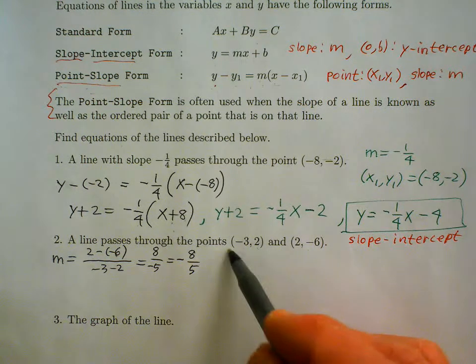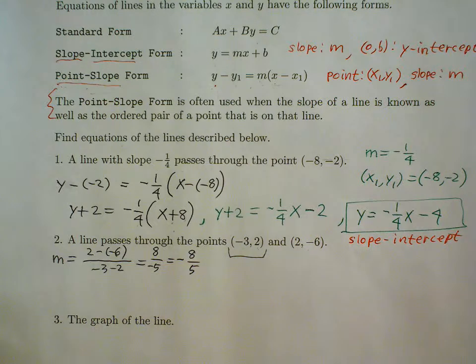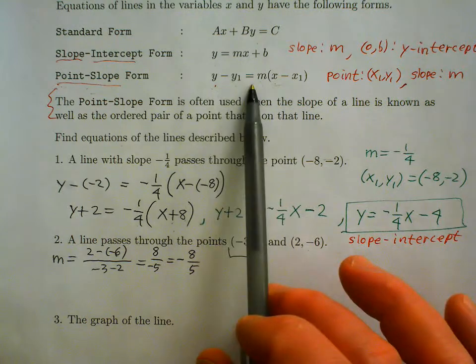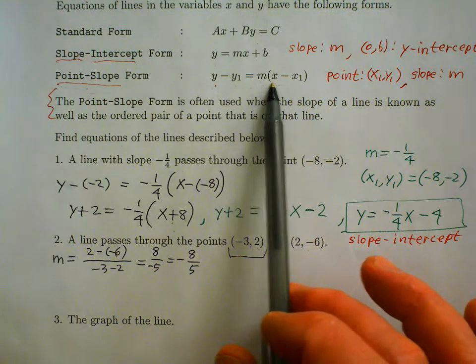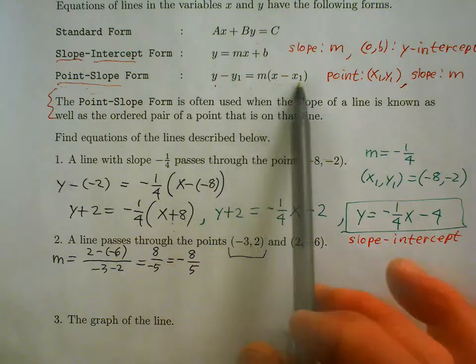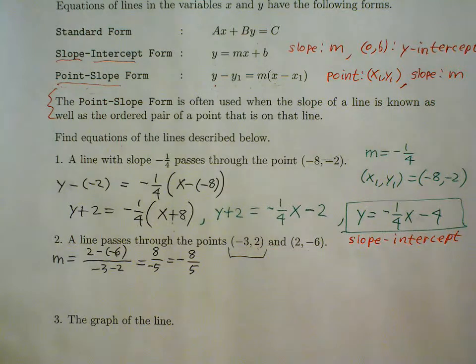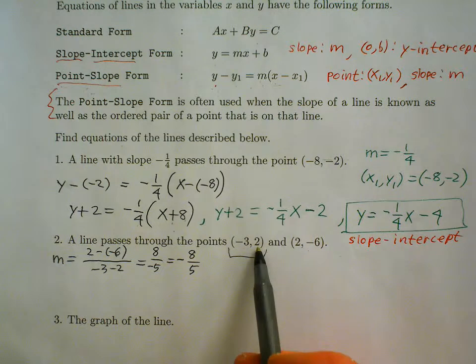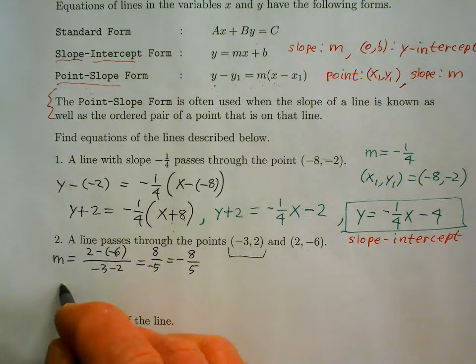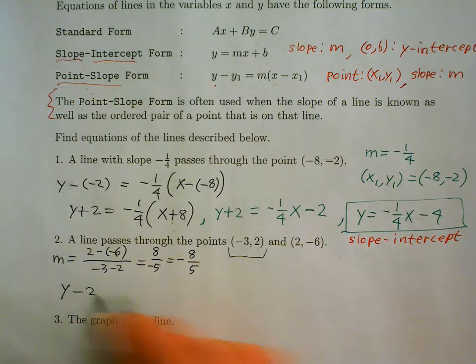So I'll pick (-3, 2) and write the equation in point slope form. So the point slope form is y minus y1 equals m times the quantity x minus x1. Okay, x1 is -3 and y1 is 2. So y minus y1 is y minus 2.